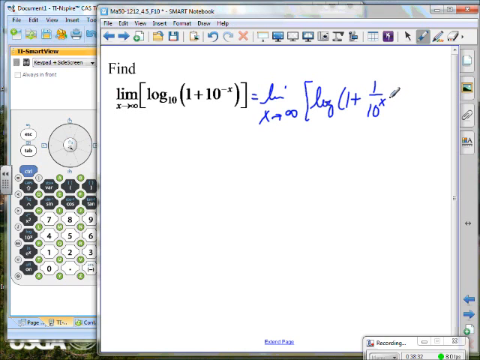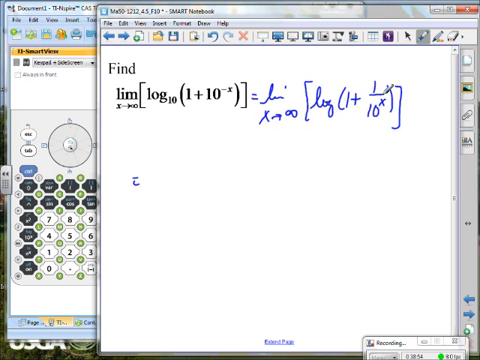Would that work? Okay. All I'm going to do is change the negative exponent to positive. As the inputs get larger and larger, what happens to 1 divided by 10 to the x?